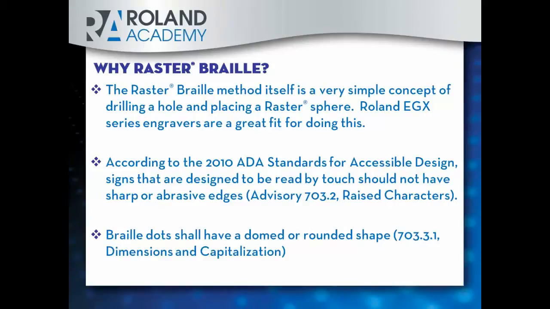According to the 2010 ADA standards, signs that are designed to be read by touch should not have sharp or abrasive edges. Now the beauty is when using an engraver with the 10 thou cutter, those edges are actually going to be beveled slightly.